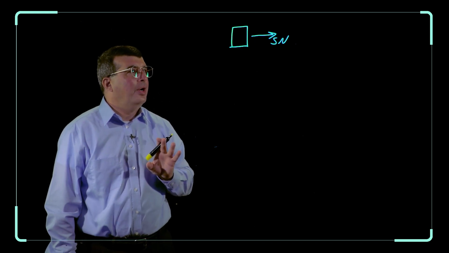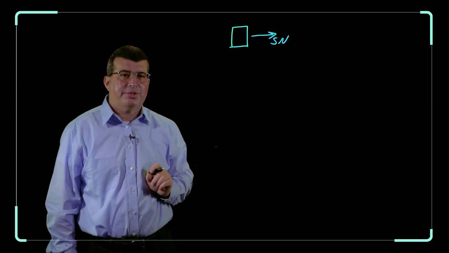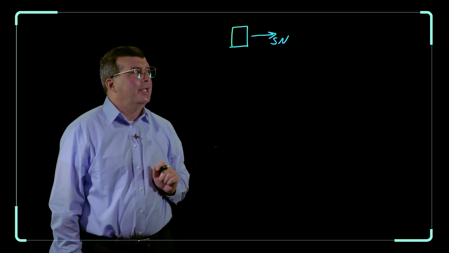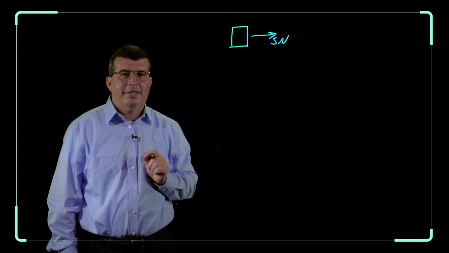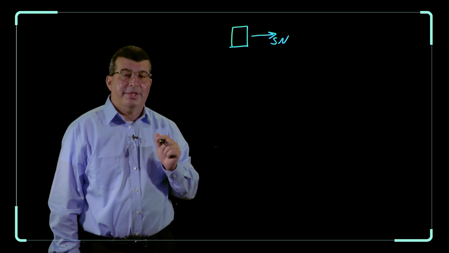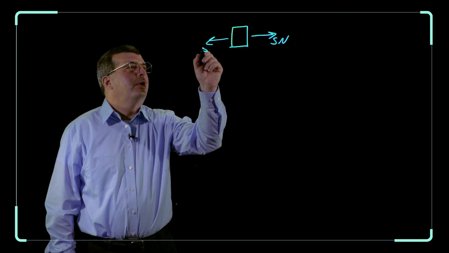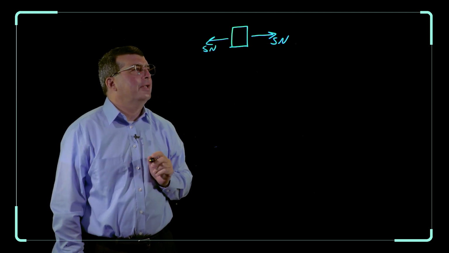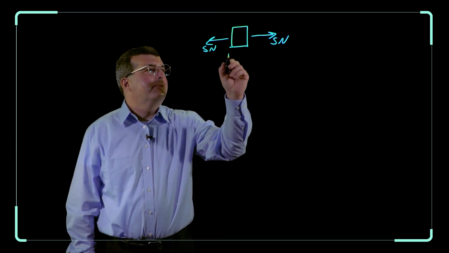There is no other force to balance that. So this would be an unbalanced force situation. Let's add another 5 newton force to balance that. Now the direction of the other force is important. If I draw 5 newtons to the left, then those forces balance each other.